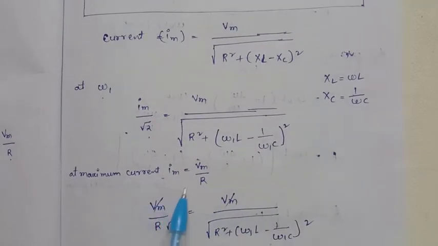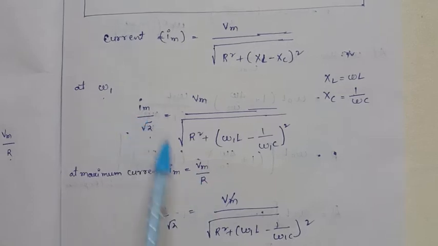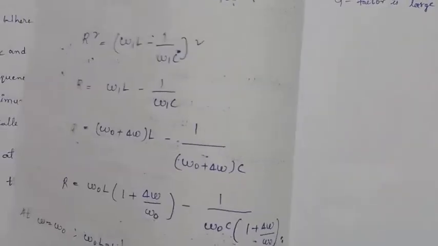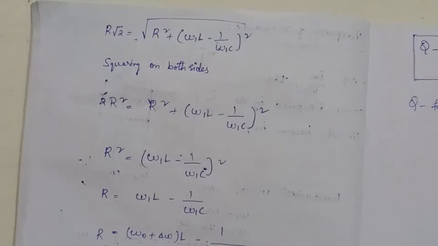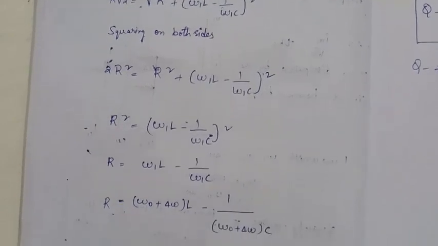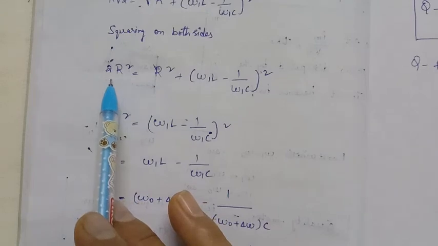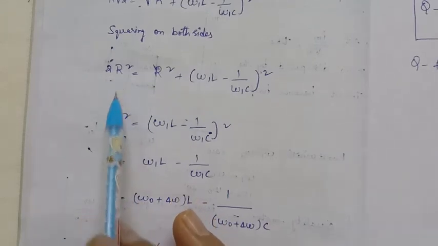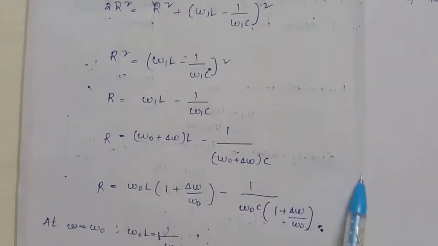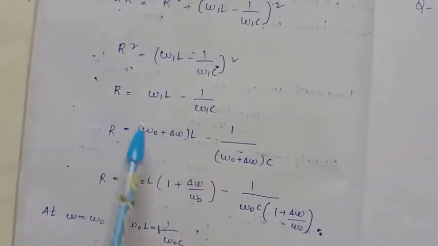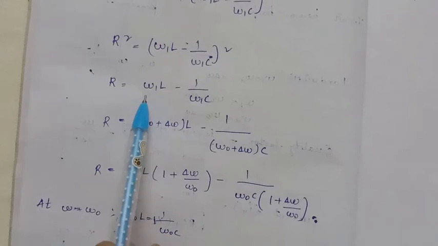At maximum current it is Vm upon R. So in place of Im you substitute Vm upon R. Vm gets cancelled and you square both sides. Take the R square to this side, and automatically it becomes R square.